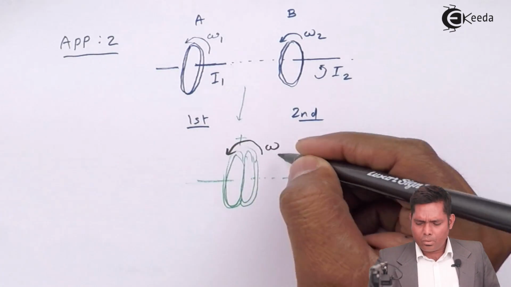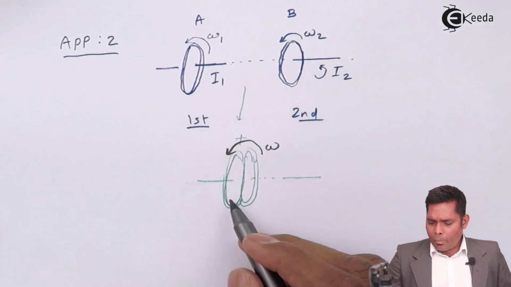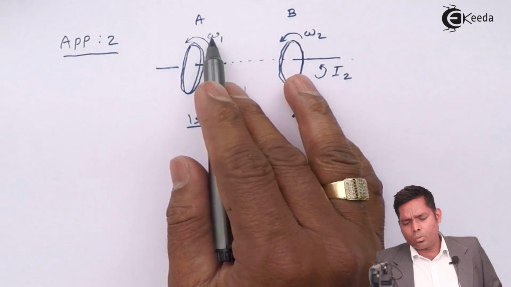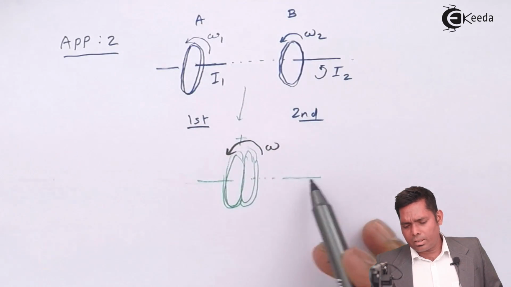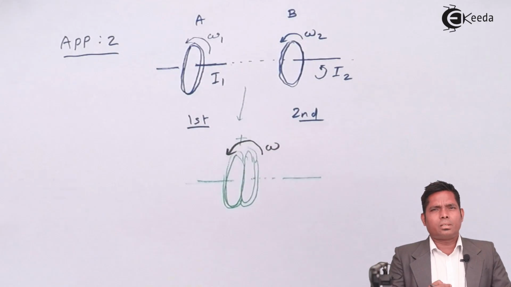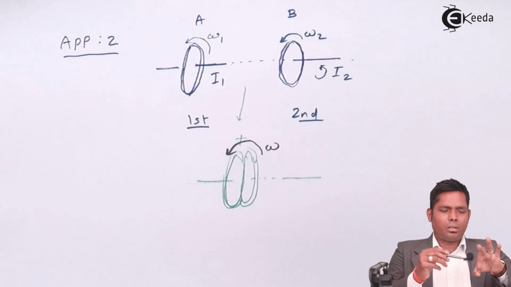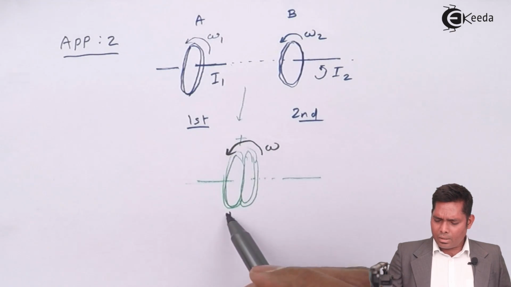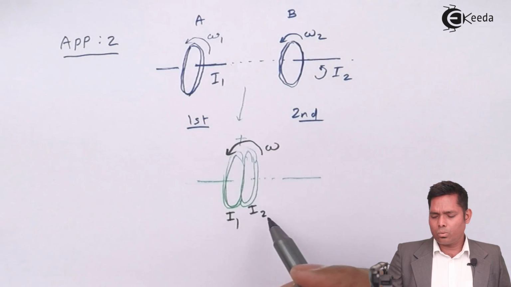I don't know that value; we are going to find omega. Moment of inertia will not change, because moment of inertia is independent of whether it is omega 1, omega 2 or omega. It depends only on the axis, and I have not changed the axis. The axis is passing through the center and perpendicular to the plane of the wheel. So the moment of inertia will remain the same, I1 here and I2 here.